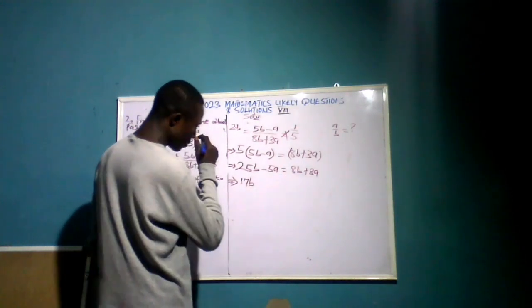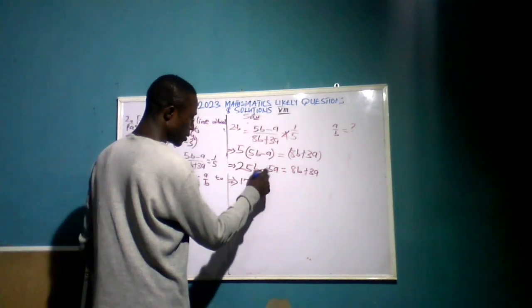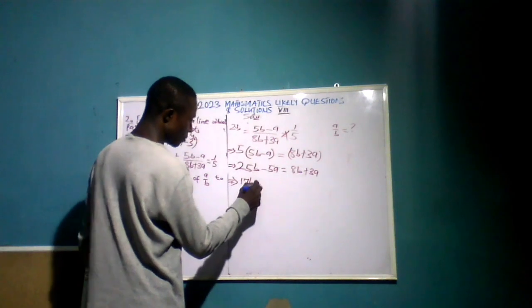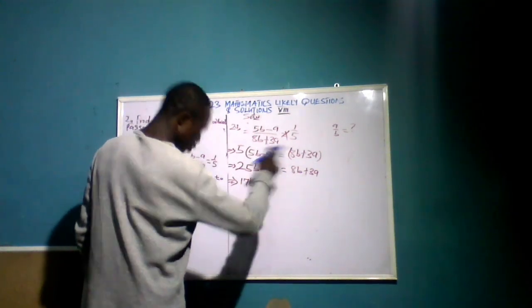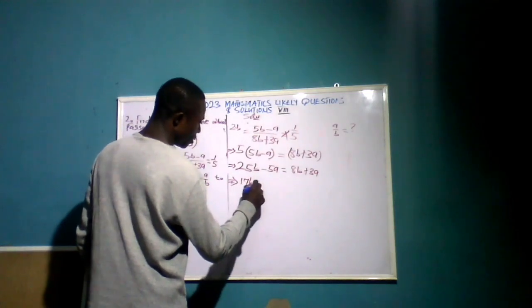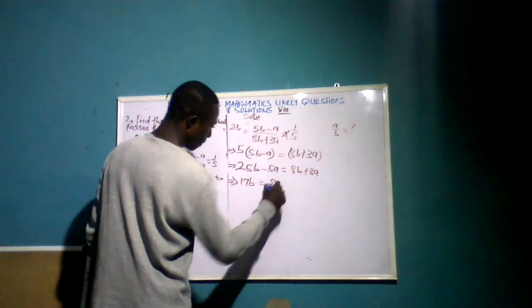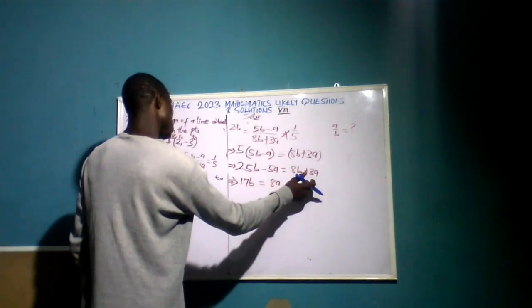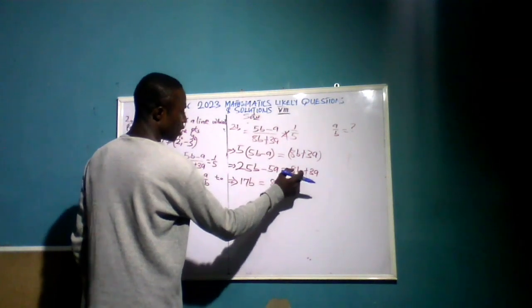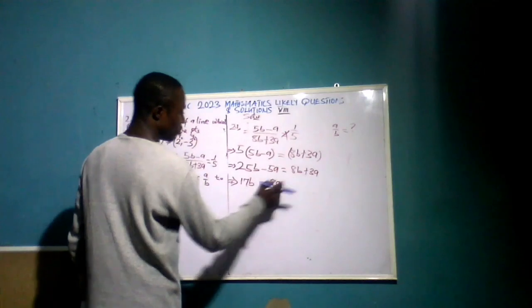And 3a taken from this side to this side, that will be minus 3a, plus, sorry, minus 5a from this side to the other side. That will be what? 17b will be equal to 8a. Okay? Minus 5a taken from here to this side, the sign will change from negative to positive. So you have plus 5a plus 3a, that will give you 8a.